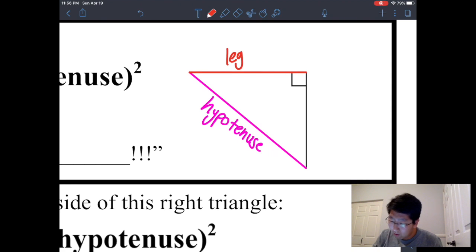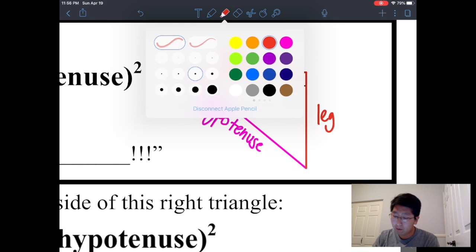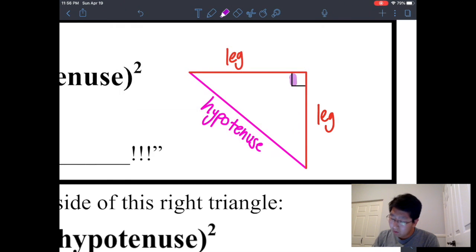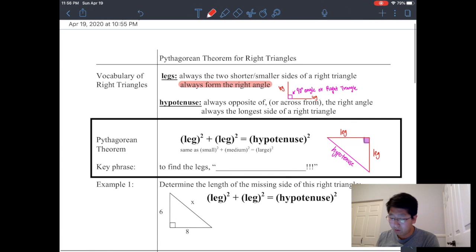This is a leg. This is another leg. And right here we have a right triangle. Okay, so that tells us that we have a right angle.